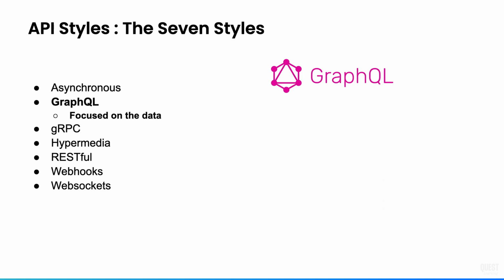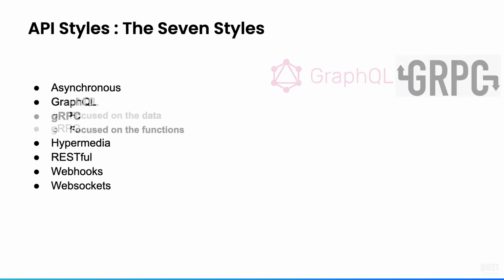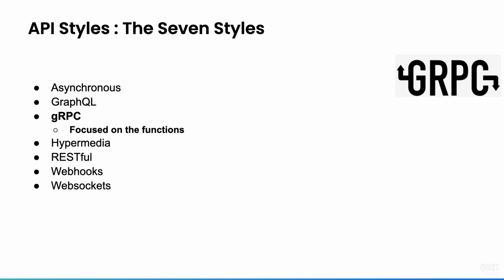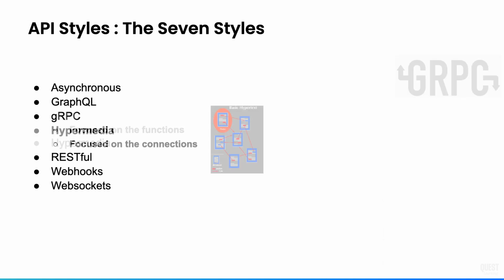However, you may want to focus on passing data or giving clients the ability to select their own data. Then GraphQL is really a great style for you. You may be focused just on the functionality such as save and delete and recall and submit and share and all those other actions. And those functions could fall under gRPC very, very nicely.